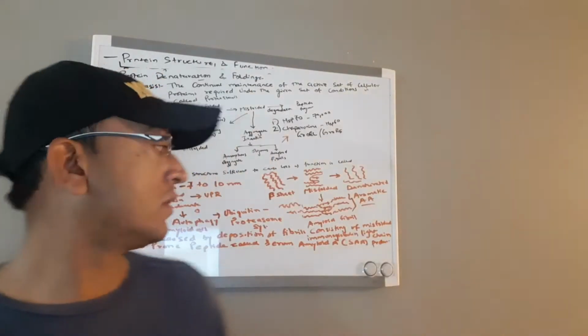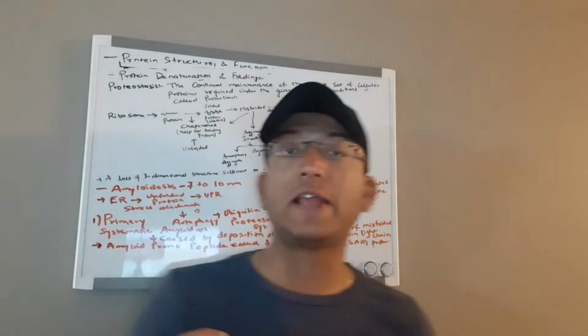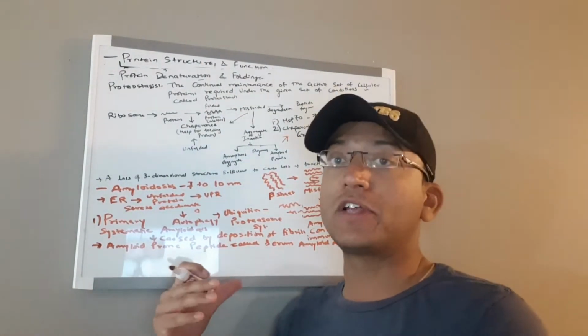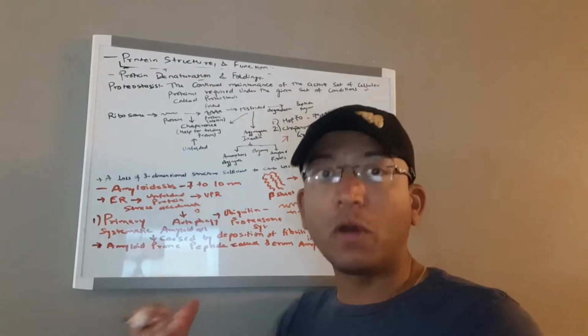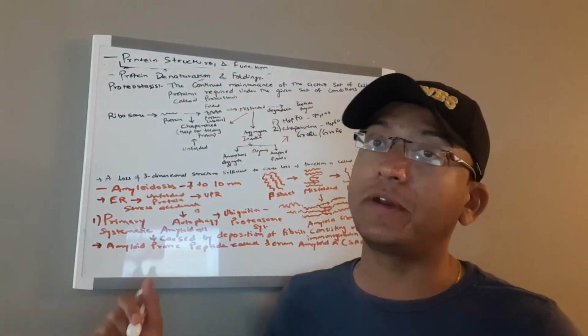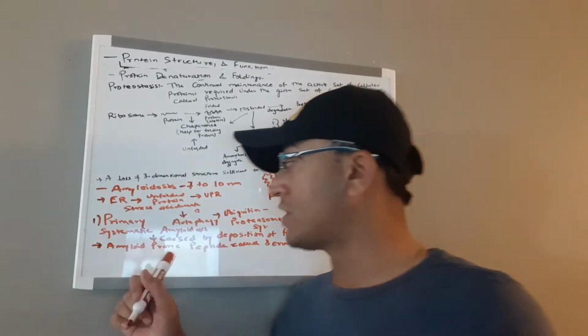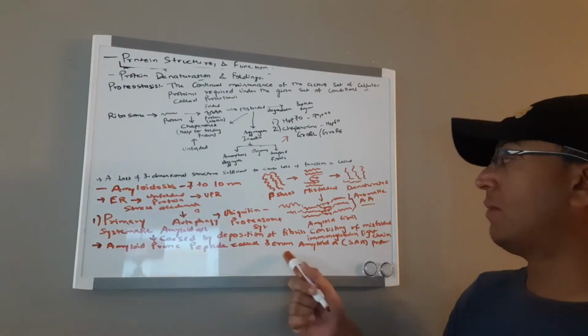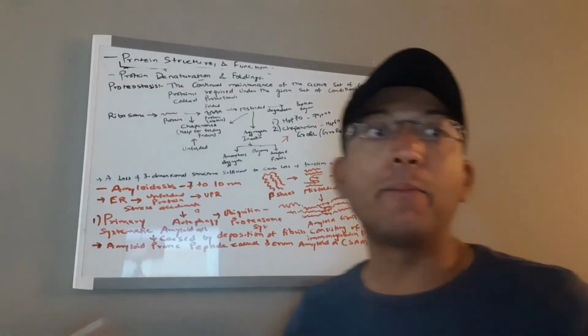So people that have infectious or inflammatory diseases, especially rheumatoid arthritis, tuberculosis, cystic fibrosis, and some cancers, can experience a sharp increase in the secretion of this amyloid prone peptide, serum amyloid A, the SAA protein.